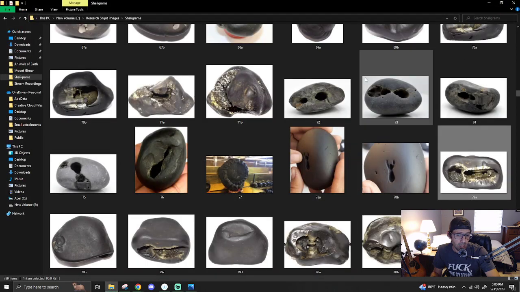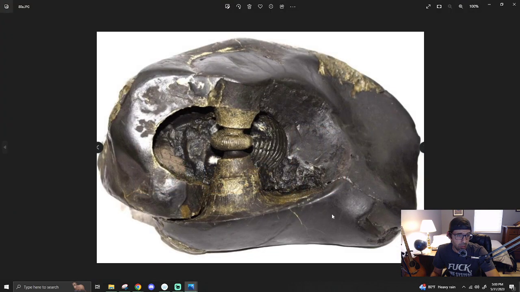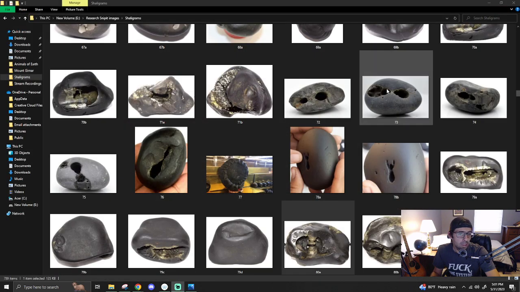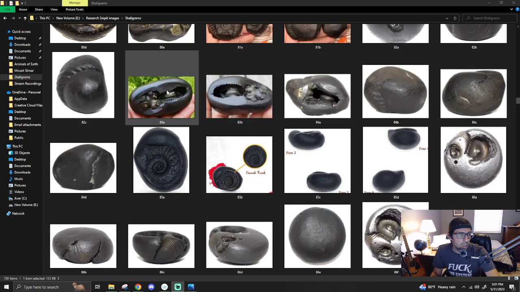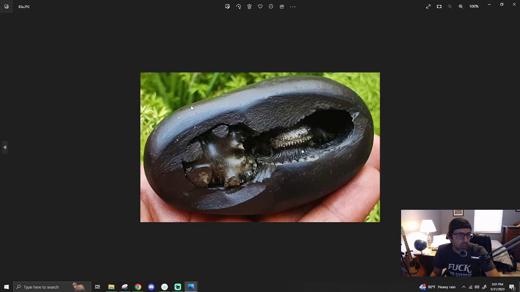I don't know if I've ever seen any shallograms doing anything like that. Possibly something of this nature, but I don't know if there are similar features.